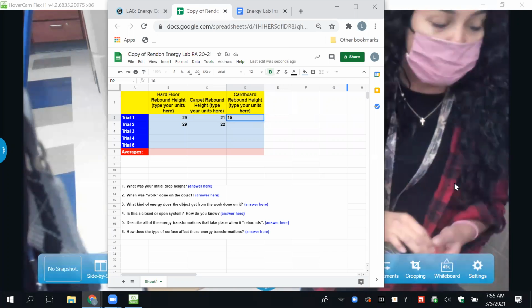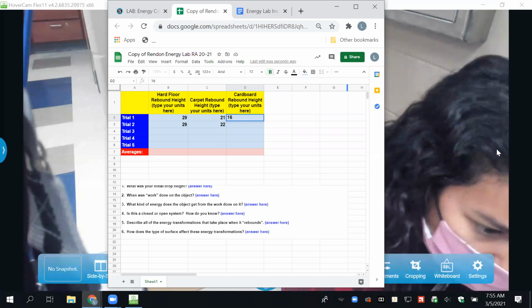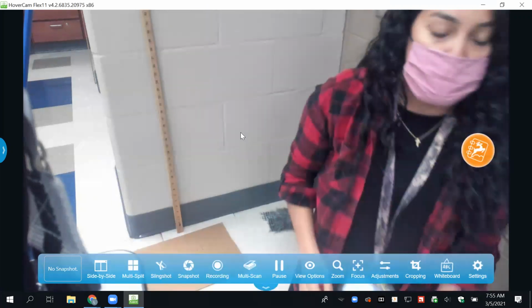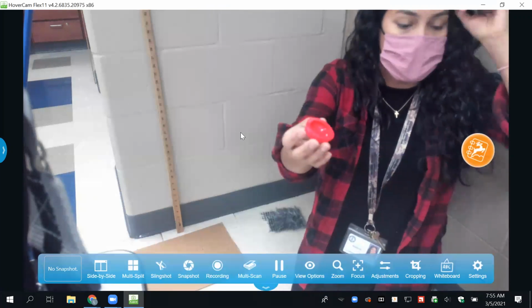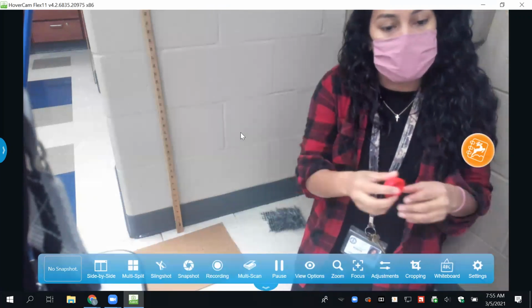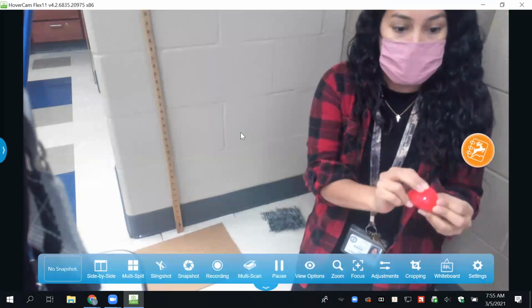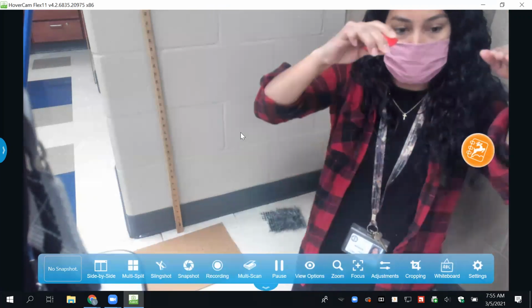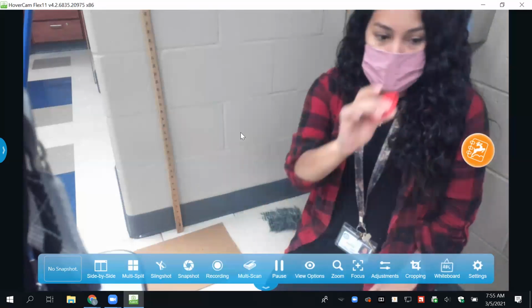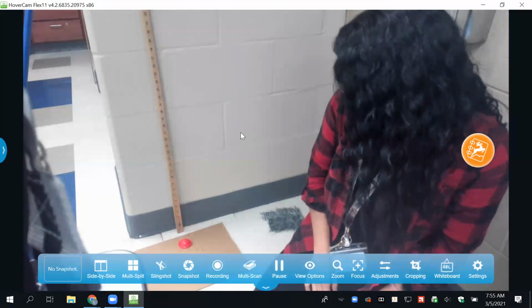Okay, now, if you have a spring, or if you do have one of these popper toys, instead of dropping it and measuring the rebound height, what you do is you record the height at which it bounces up to on the different surfaces. So if I put it right here, and then any moment now. Okay.